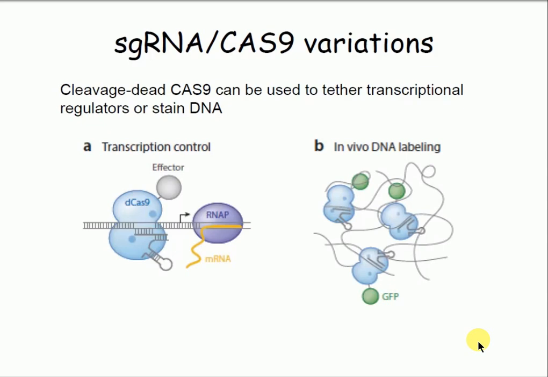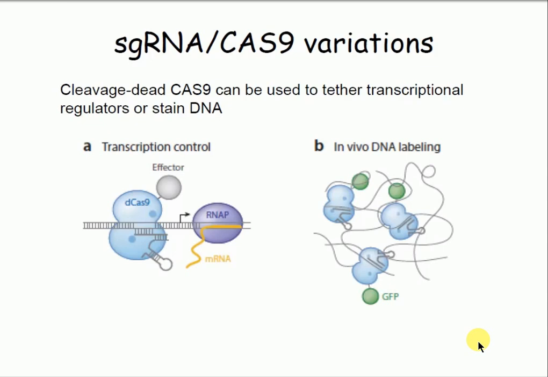Simply by this sgRNA that hybridizes sequence-specifically, we can bring in new regulators. So here, Cas9 will not cleave, it will just sit there. And the purpose is exactly to just sit there and bring in an activator, for example, to activate transcription of a specific gene.